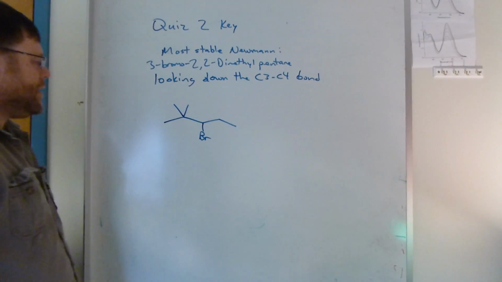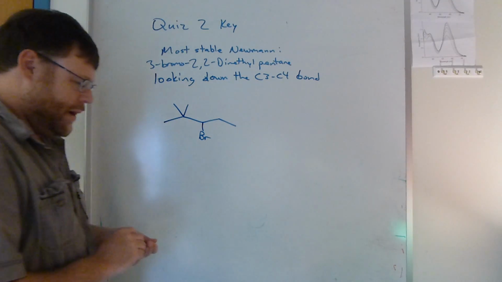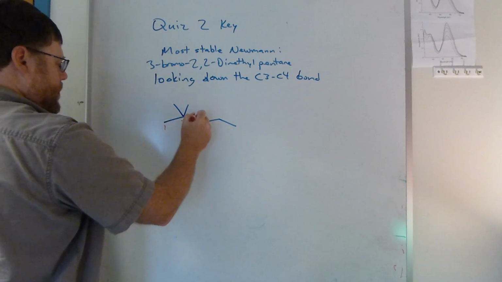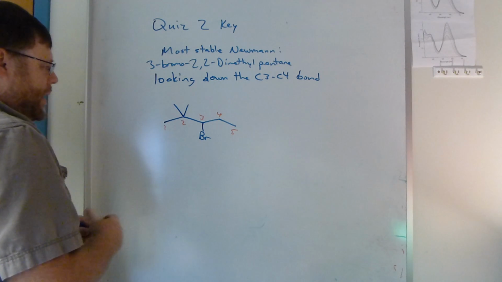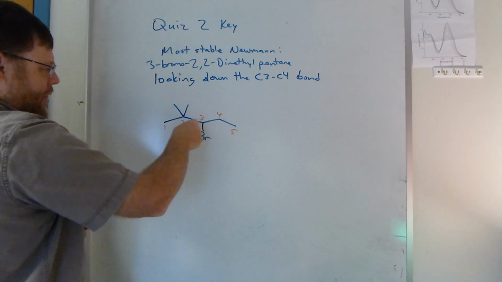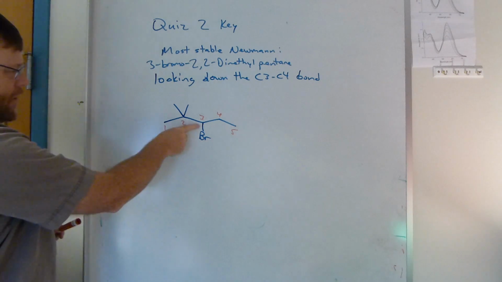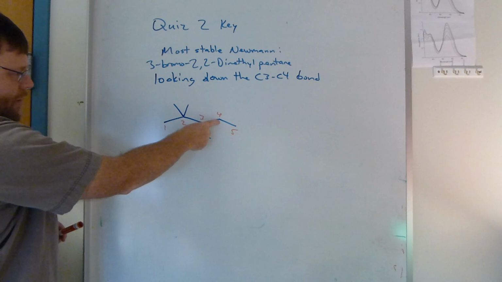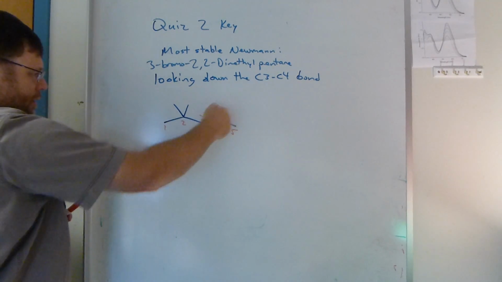So there's the line structure for 3-bromo-2,2-dimethylpentane. And now if you go in and do numbers, 1, 2, 3, 4, 5. The bond I want you to draw the Newman projection around is the C3-C4 bond. So that means either carbon 3 is in front or carbon 4 is in front. Right? And so we can either look this way or we can look this way.